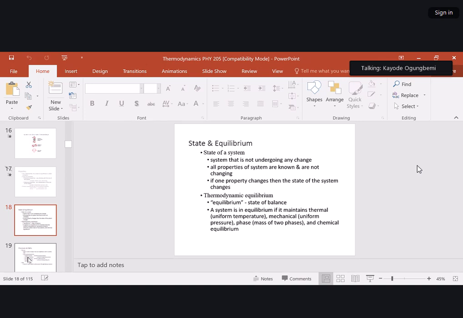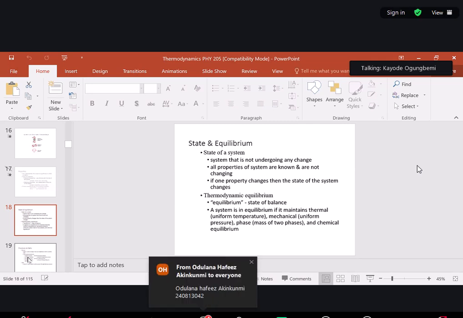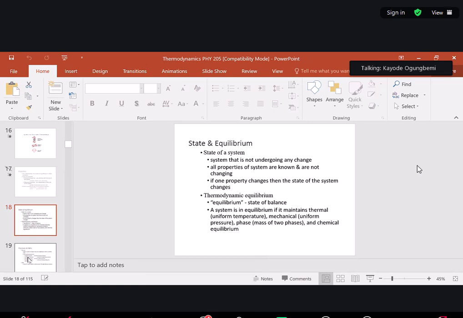Now, thermodynamic equilibrium. Equilibrium means state of balance. A system is in equilibrium if it maintains a constant thermal state. In other words, maintaining a constant state implies having a constant temperature.